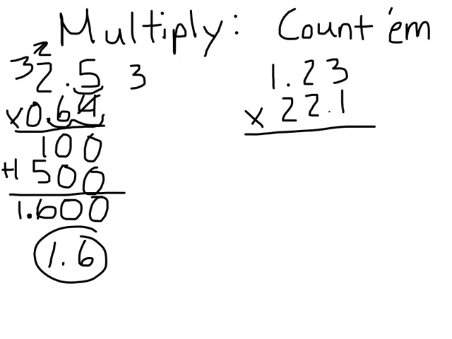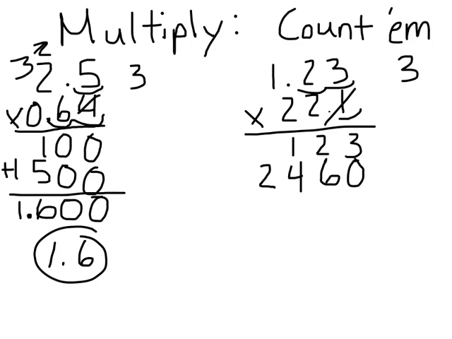What if I have 3-digit numbers? It's the same thing. I count the numbers behind my decimal. 1, 2, 3. And now I can multiply like normal. 1 times 3 is 3, 1 times 2 is 2, 1 times 1 is 1. Drop my 0, 2 times 3 is 6, 2 times 2 is 4, 2 times 1 is 2.